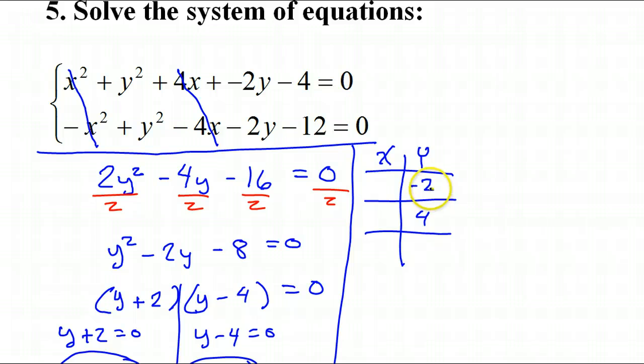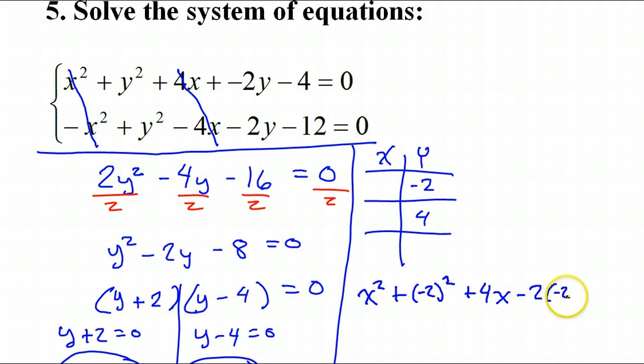So substituting -2 for y, that's going to give me x squared plus -2 squared, correct, because that's y, plus 4x. I don't know why it's plus -2. That was silly. Minus 2 times -2, and then minus 4 equals 0.